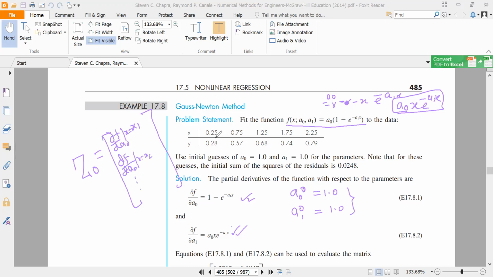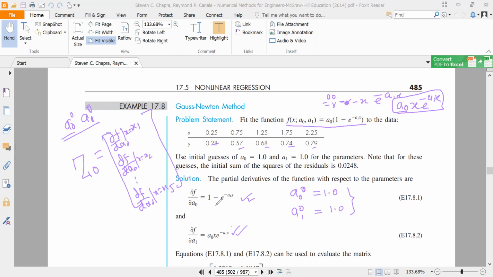We go all the way, we have 1, 2, 3, 4, 5 data points, so it will be equal to df by da0 at x equal to x5, isn't it? Yes, sir. So in this case you will need the values of a0 zero and a1 zero to be used in these two equations.